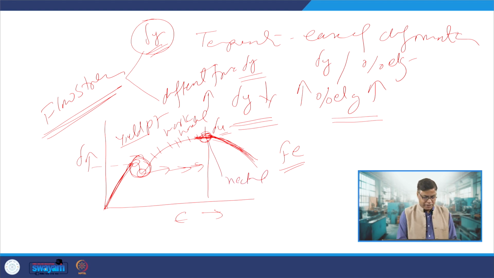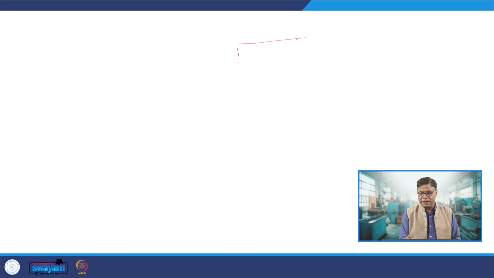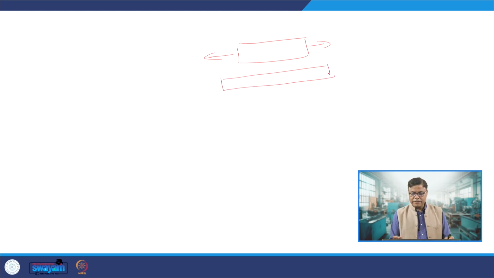So what happens initially when a tensile stress is applied to a material: there will be an increase in the length and a reduction in the diameter or cross section, which is uniform all along its length. Increase in length, reduction in diameter is spread across the length.